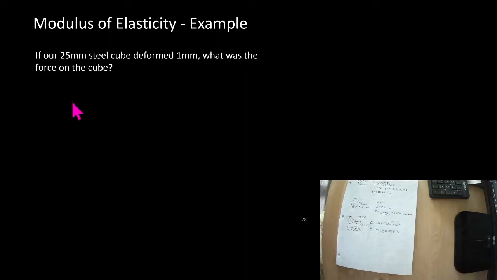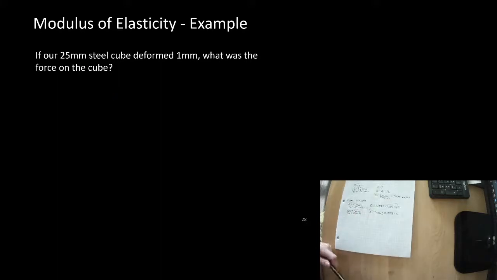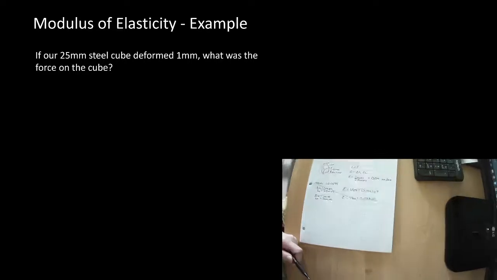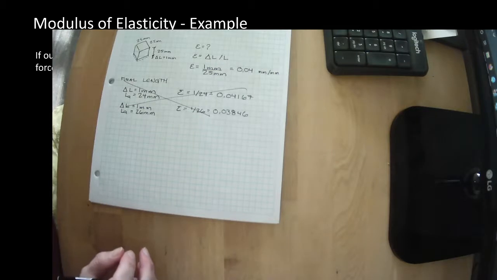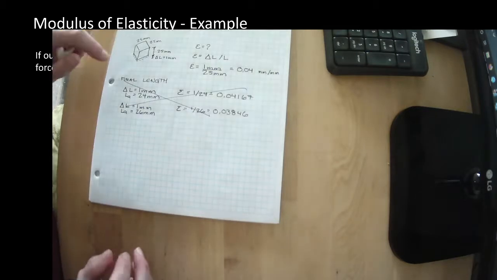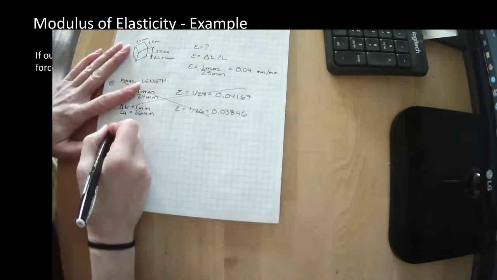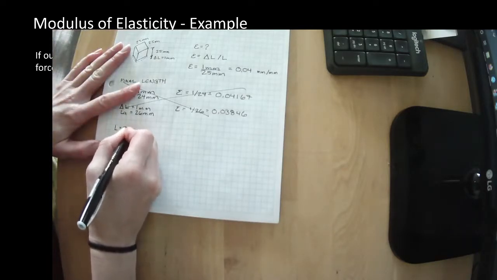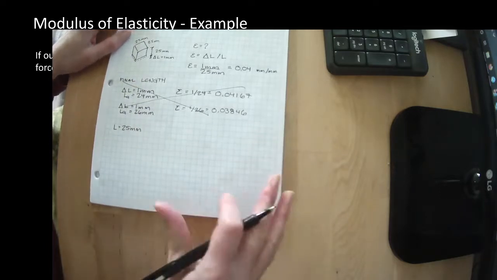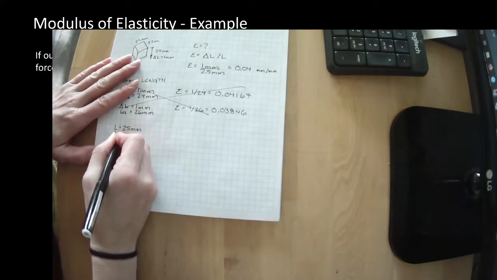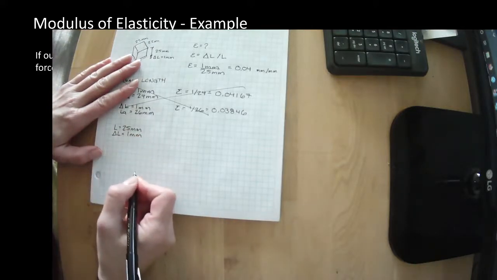So let's do a few examples with this to help us get our head around it. Okay, let's take a look at that cube that deformed 1 millimeter. What was the force on the cube? Let's see what force that cube saw. So we have our cube, and we want to know what the force is on it. We have an original length of 25 millimeters. We have a delta L of 1 millimeter.